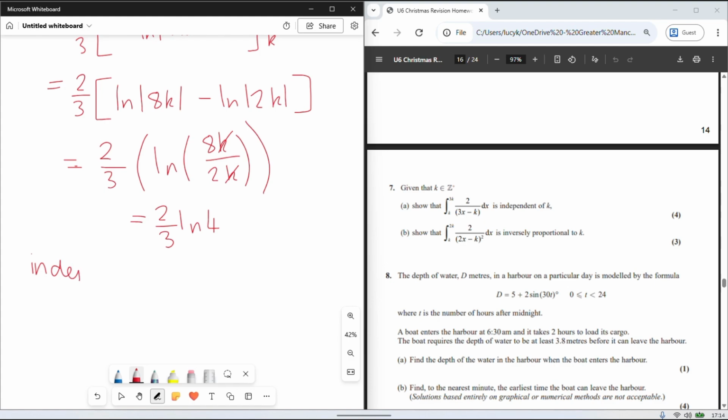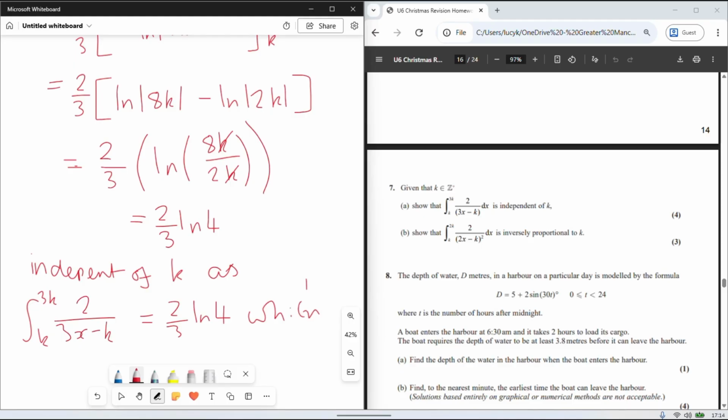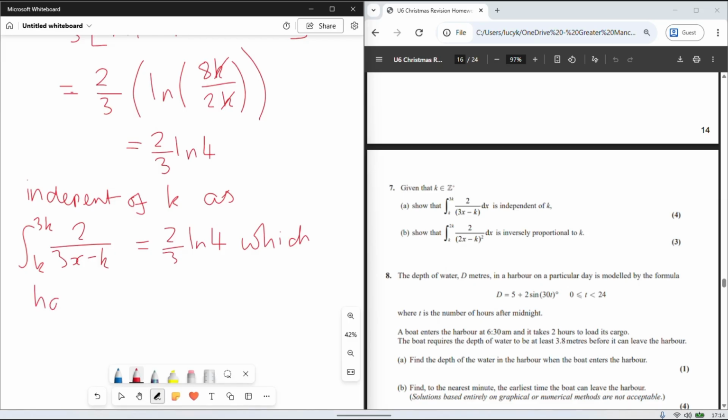So independent of k, I'm just going to be really explicit and say that when I integrate that with those limits, 3x minus k, it equals that, which has no k value, or doesn't contain a k value, something along those lines, has no k term. There we go.